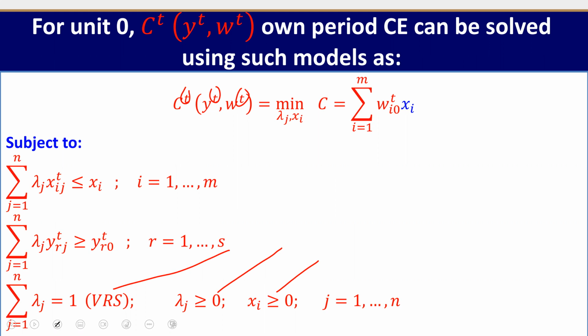Which one will you change? The C and then the W. So you mean this C and this W? Yes. Which other one? And the W at the right hand side. This W. Yes.